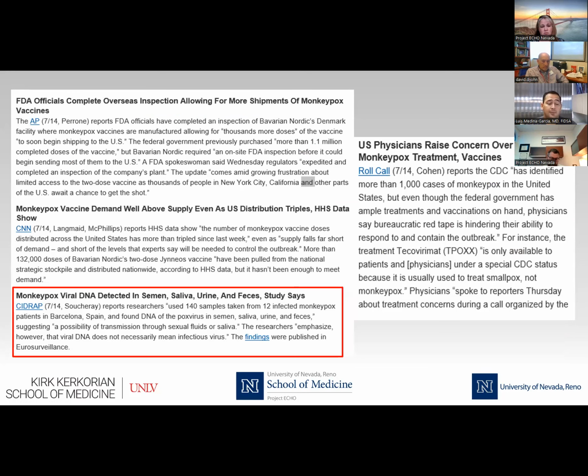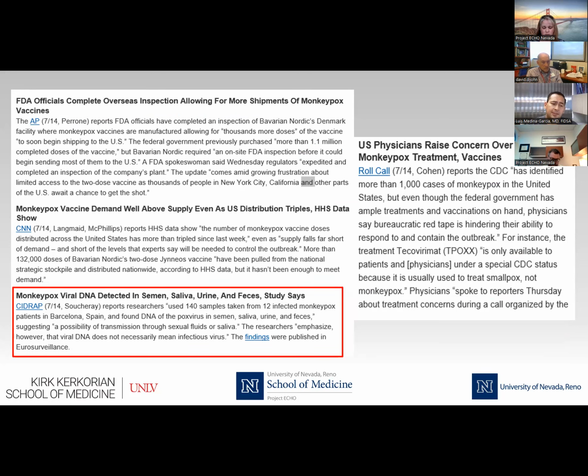So the US government continues to order vaccine from the manufacturer, Bavarian Nordic, as much as they can. The CDC has done an inspection of the facilities with the FDA and has approved more production and purchasing more doses. But they're not coming here fast enough, so the supply is definitely not meeting the demand.